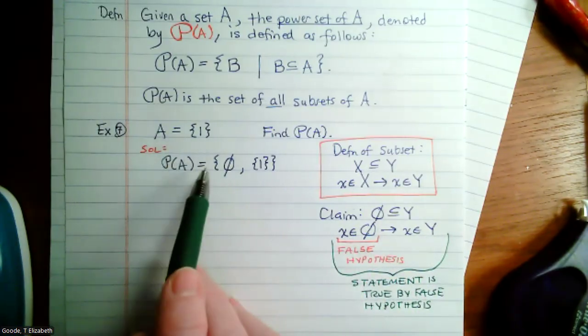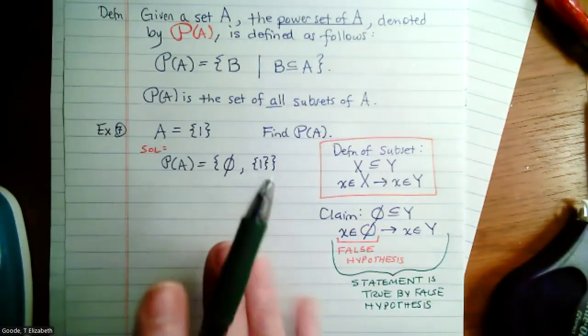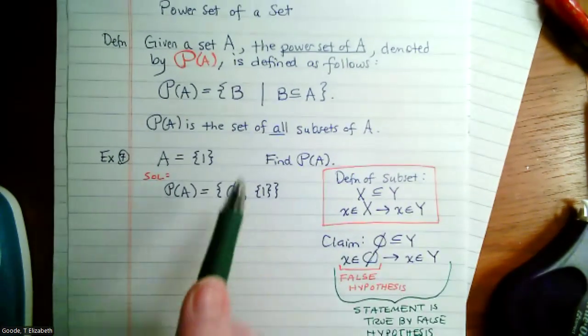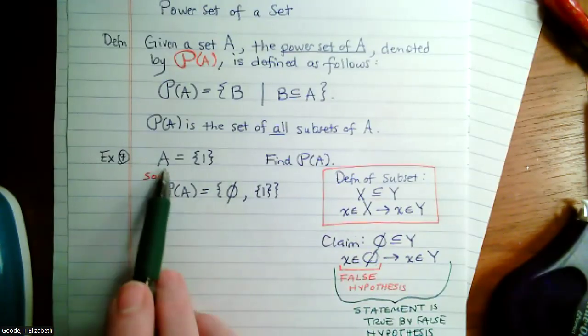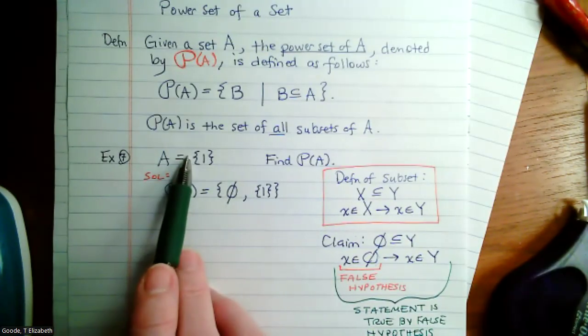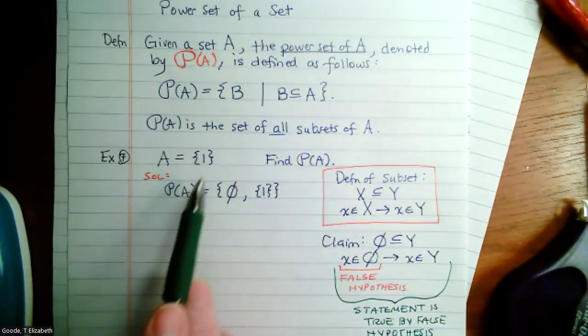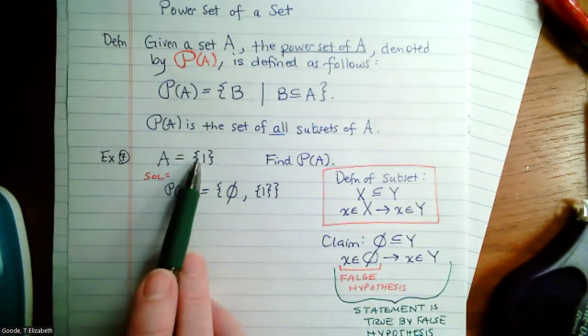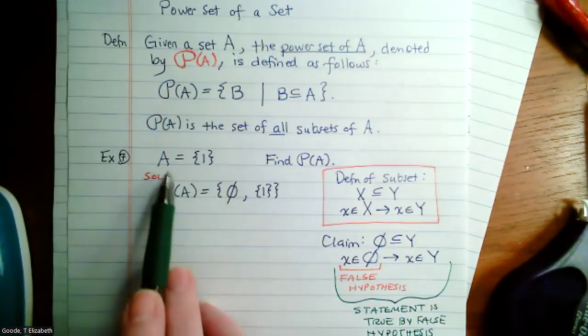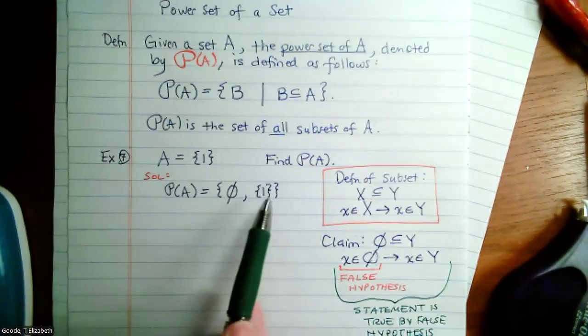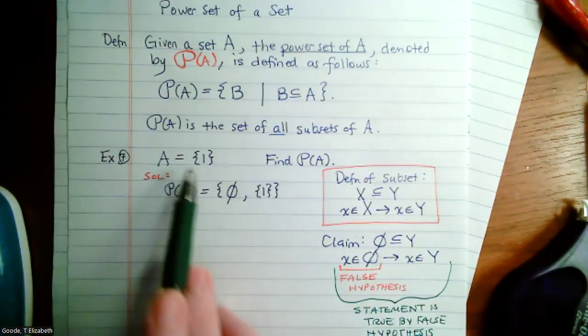So when we think about power sets, the empty set is always a subset of A, and of course A is a subset of A. So the power set of this A has two sets in it: the empty set, because that's always a subset of A no matter what A is, and A itself.